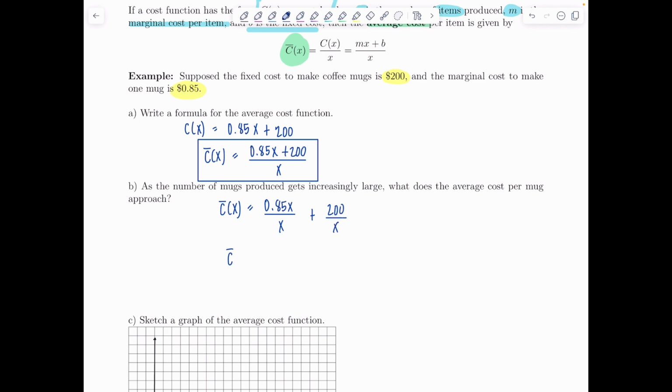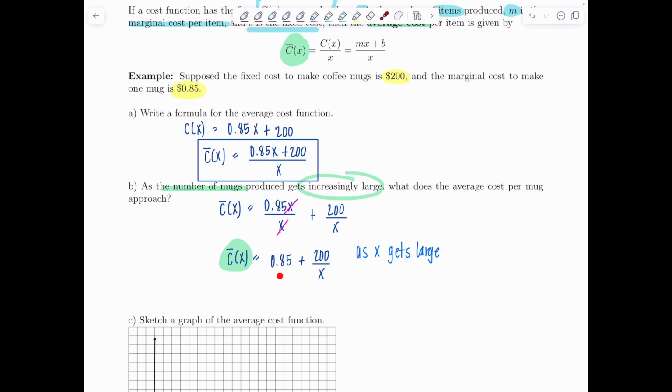And then hopefully you can see these x's cancel, right? So it's just 0.85 plus 200 over x. And it's asking me, as the number of mugs x gets large, what does average cost C bar of x approach? So as x gets very, very large, let's see what's happening.